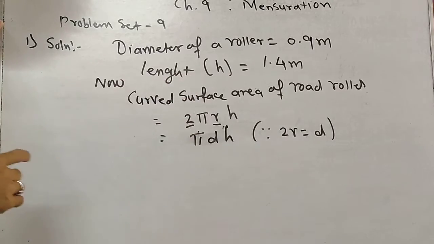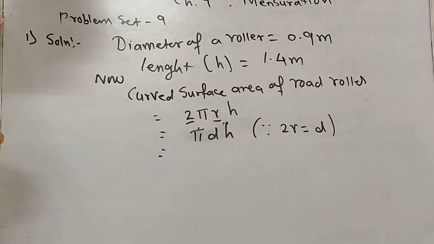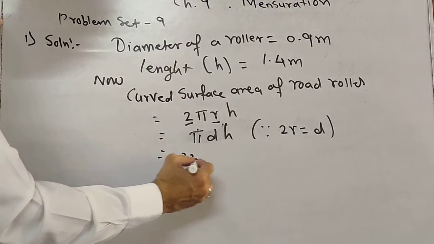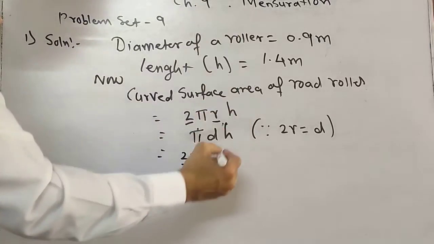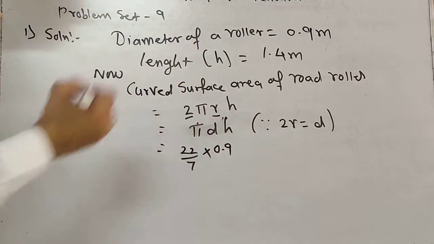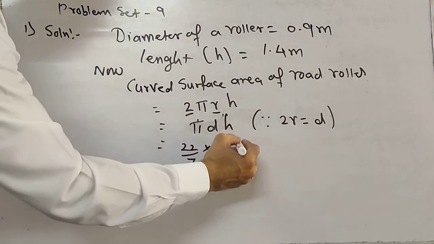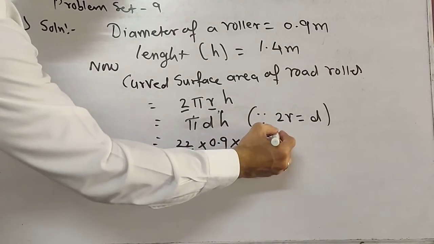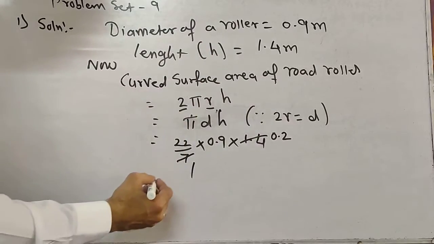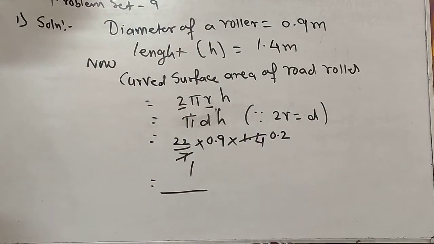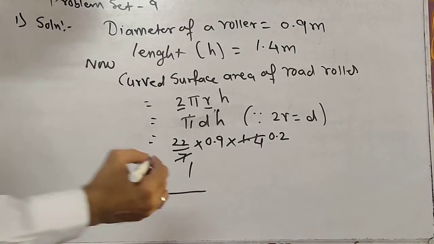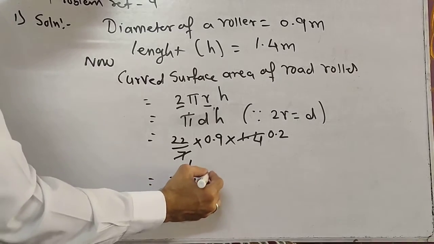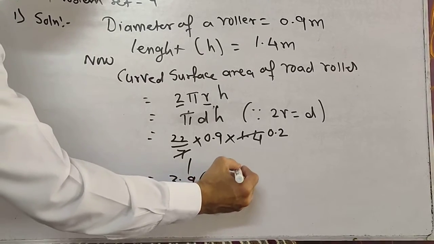Okay, pi dh. So pi value is given here, 22 upon 7. Diameter is 0.9 and height is 1.4. 7 1s are 7, 7 2s are 14, means 0.2. If you multiply all, you will get the answer 3.96 square meter.